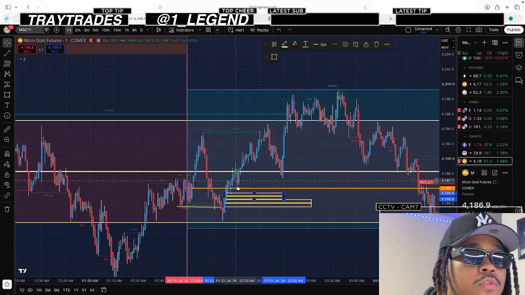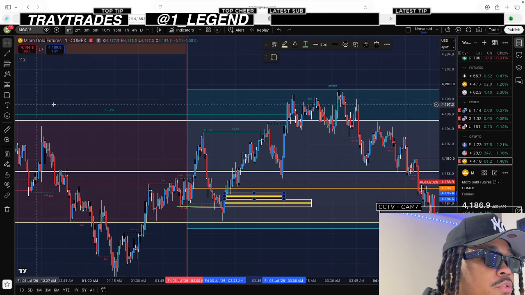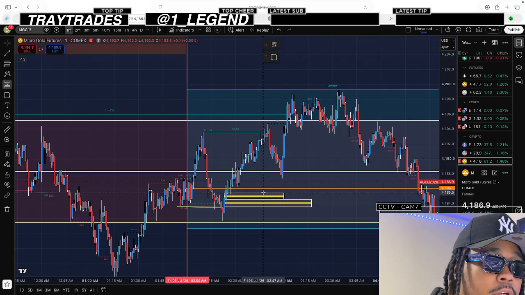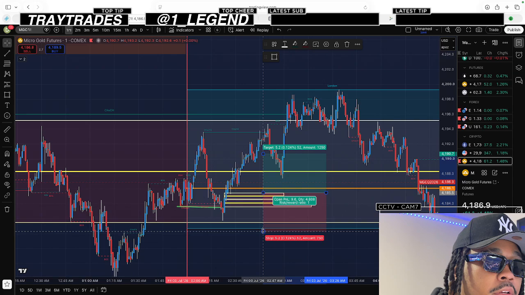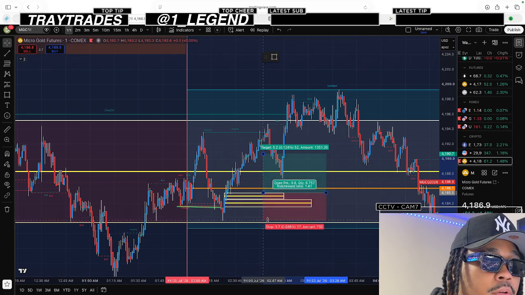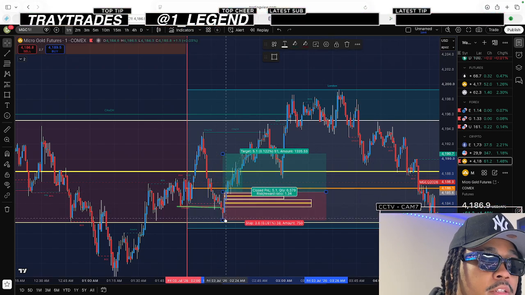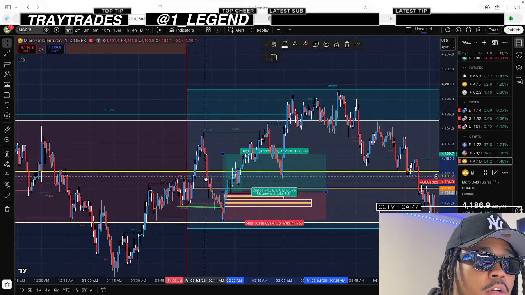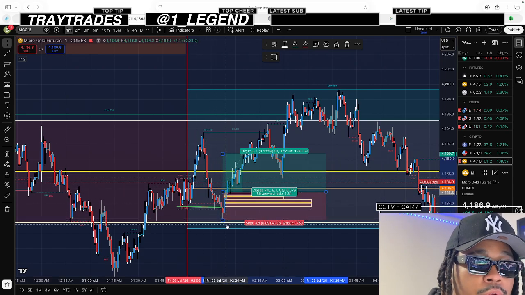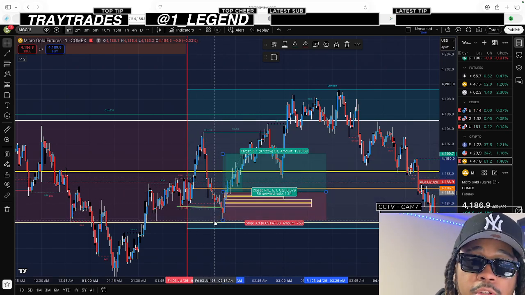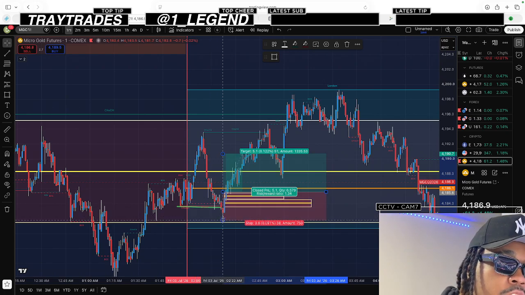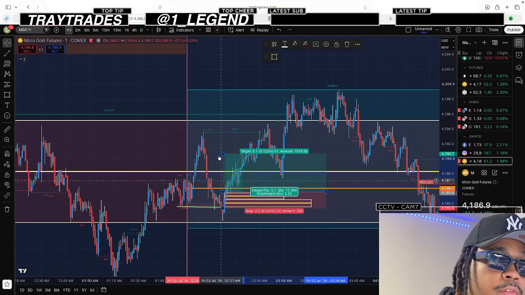If you see these two fair value gaps, what you would do is you will take your entry here, and you can either put your stop loss right here at this bottom wick right here, because we're below the opening price, so this wick should be secure if the trade is going to work. Or you can just close it up right there at the fair value gap.